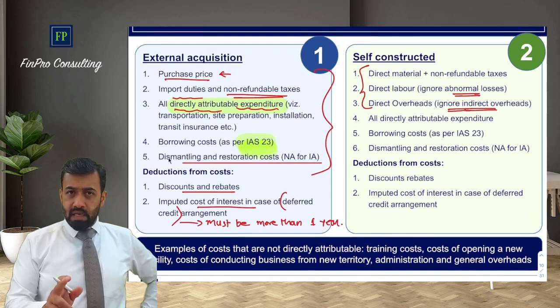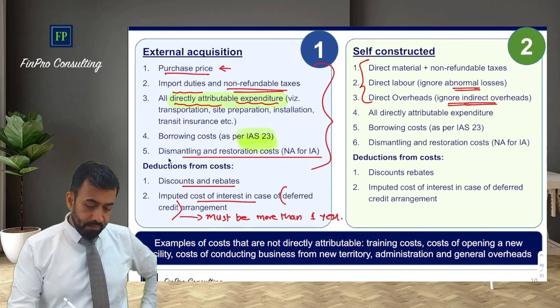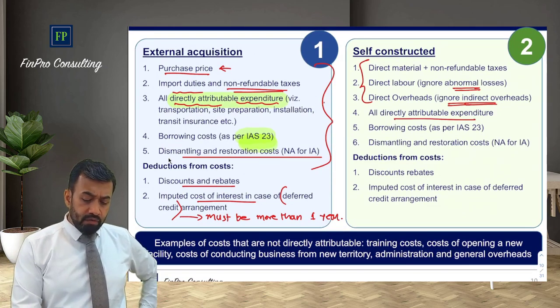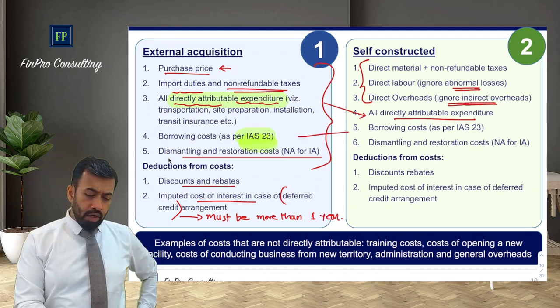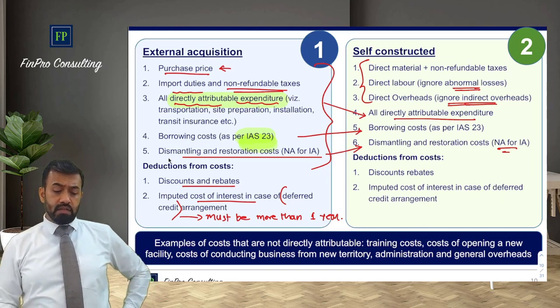And there will be an examination, so you have to be a little careful. All directly attributable expenditure, the same thing which we have spoken here, is applicable here. Exact same discussion. Borrowing cost, same discussion is applicable here. Dismantling and restoration cost, same is applicable here. It is not applicable for intangible assets.